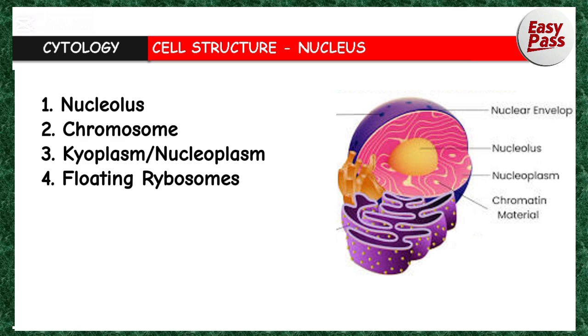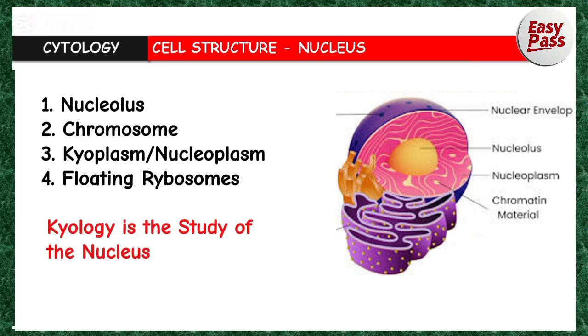Aside from these three, we also have floating ribosomes that have been produced from the nucleus, floating within the karyoplasm. Now, the study of the nucleus itself is known as karyology, and it is taken from the word karyoplasm.